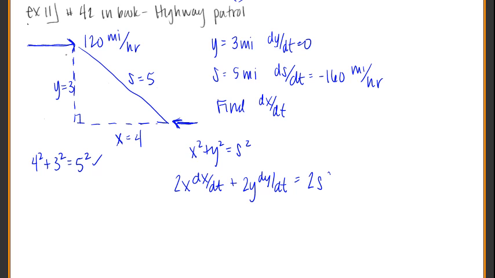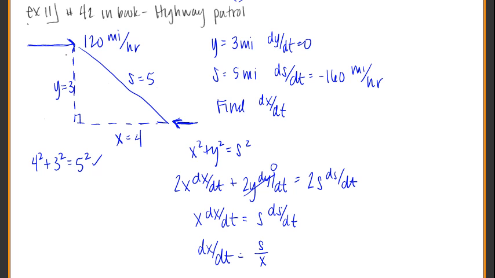And then 2s ds/dt. Everything is divisible by 2, so we can shrink that out and take this one away. So x dx/dt is equal to s ds/dt. Or we can say then that dx/dt is equal to s over x times ds/dt.